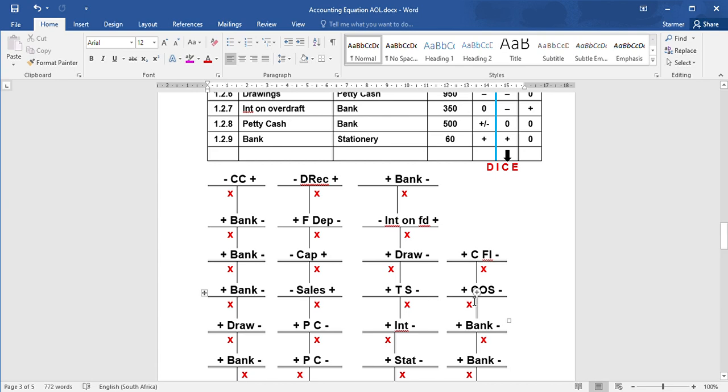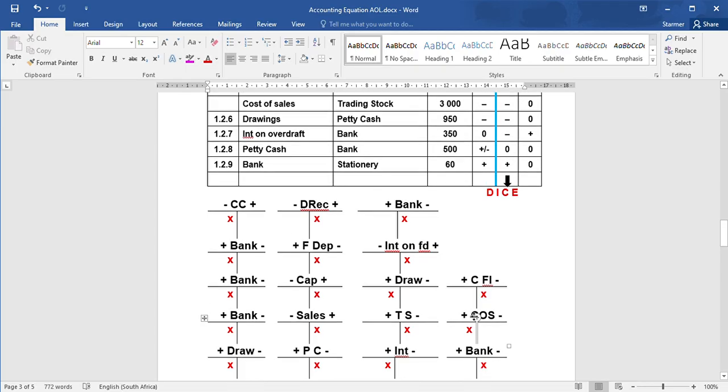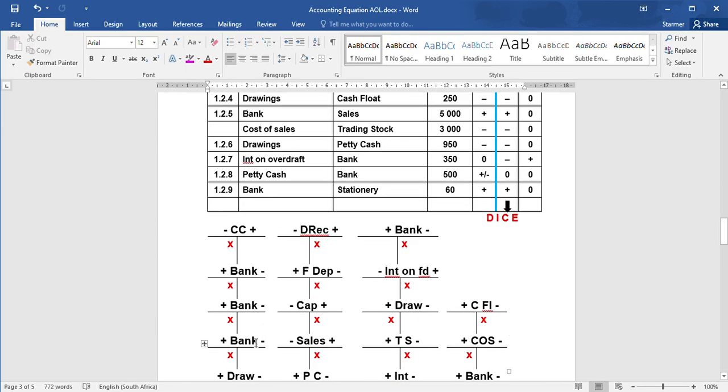And then cost of sales is an expense going up. When you transfer this here, bank has the X on the debit side, sales has the X on the credit side. Bank is an asset going up, sales is income which increases owner's equity. And then in terms of this one here, your trading stock is an asset going down, so you put a minus under assets, and cost of sales is an expense.